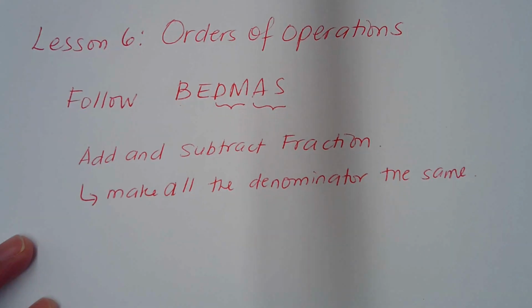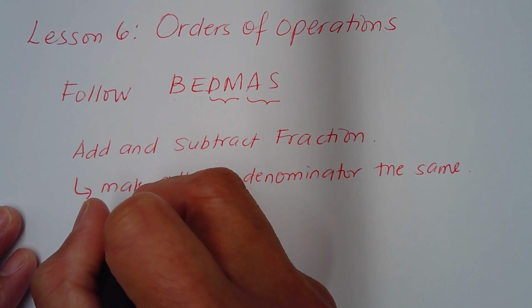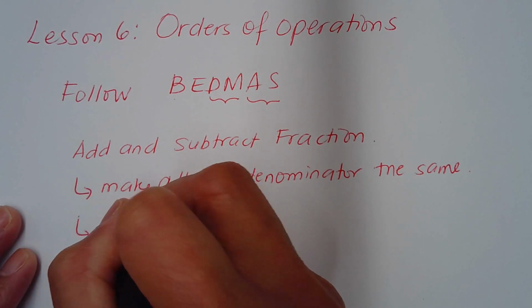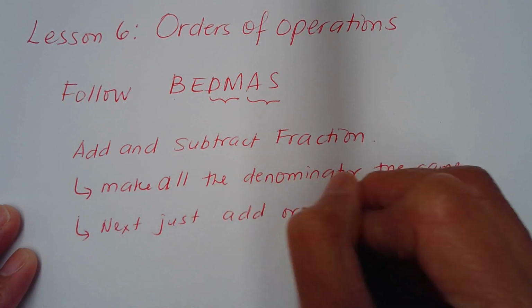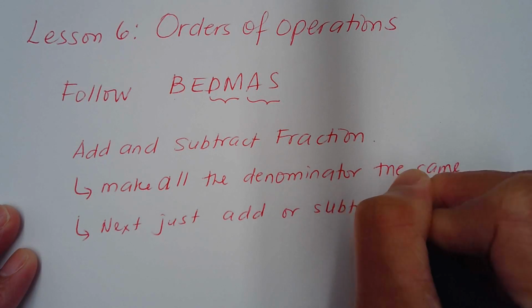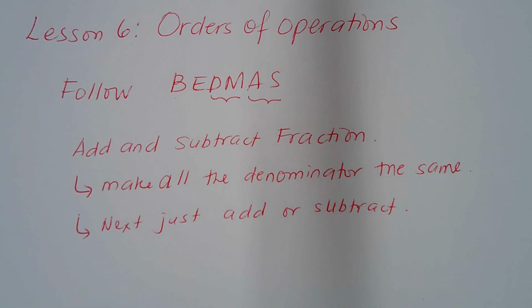Okay, so we need to have all denominators to be the same, right? And then either add or subtract. That's what we need to do. Then step 2, so next, just add or subtract. Okay, so that's for addition and subtraction.